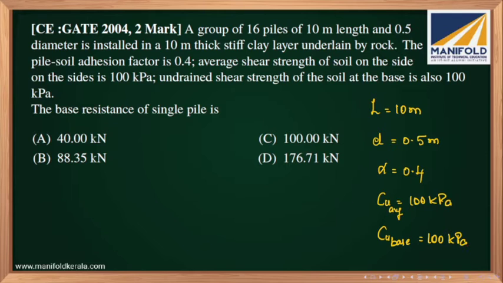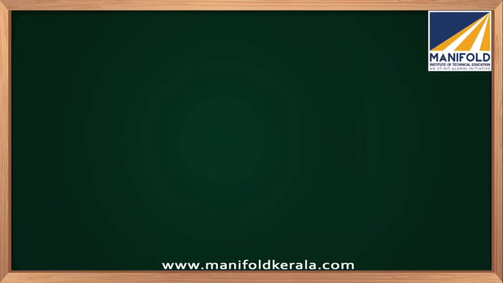You are supposed to find out what is the base resistance of single pile. Don't bother about the group. They are not asking about the group. They are just asking you what is the end base resistance. So then Q is equal to QB alone. Don't add this QS. It is base resistance alone. This is not required. So QB is equal to AB into FB.